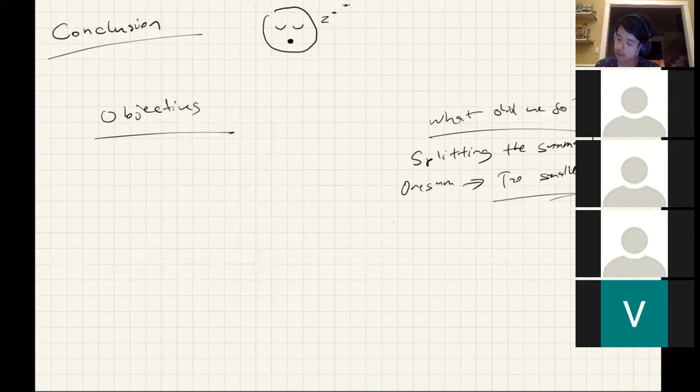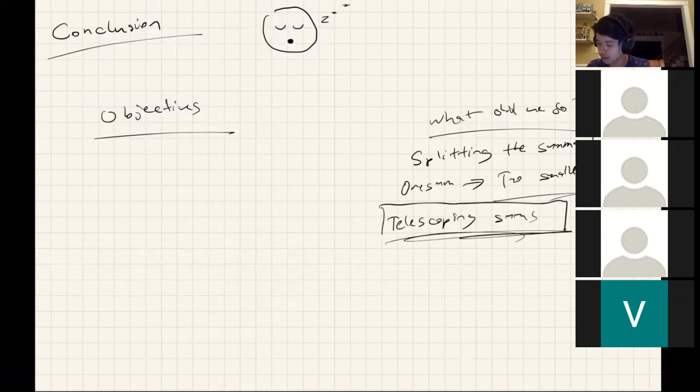And we learned how to force cancellation through a technique called telescoping sums. Telescoping sums. This is very important. Don't forget it.